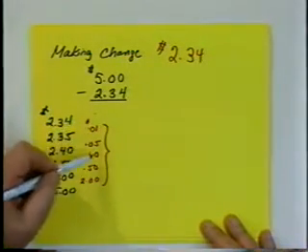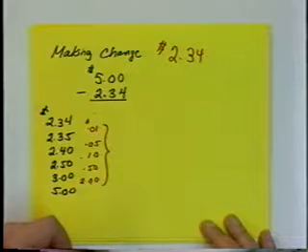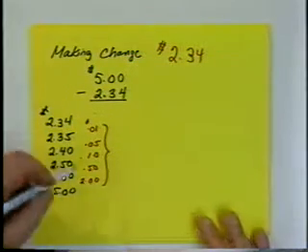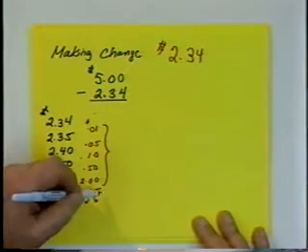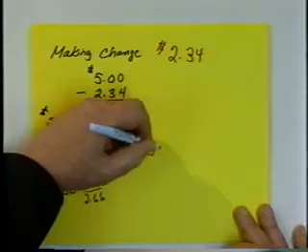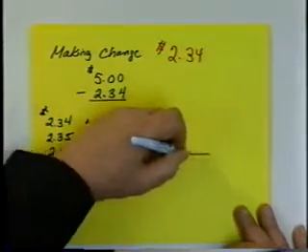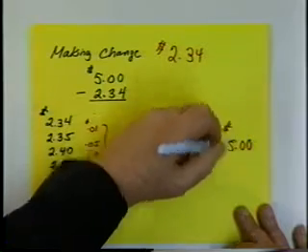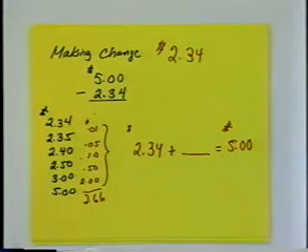They added on to the $2.34 the amount of money that it took to make up the $5. In other words, starting with $2.34, they figured out what to add on to this to wind up with $5, okay?